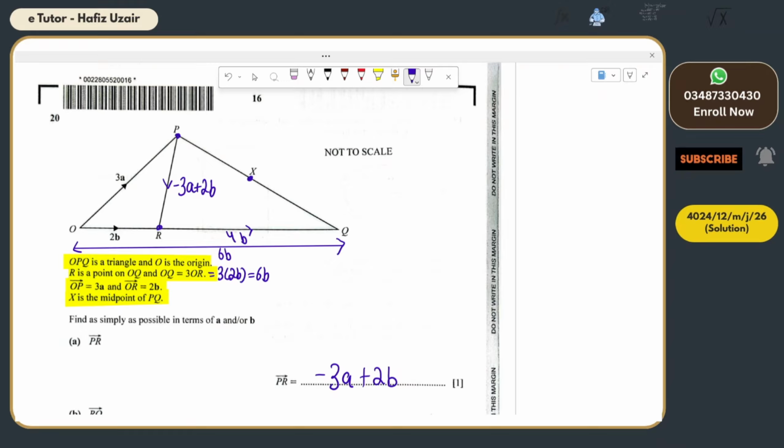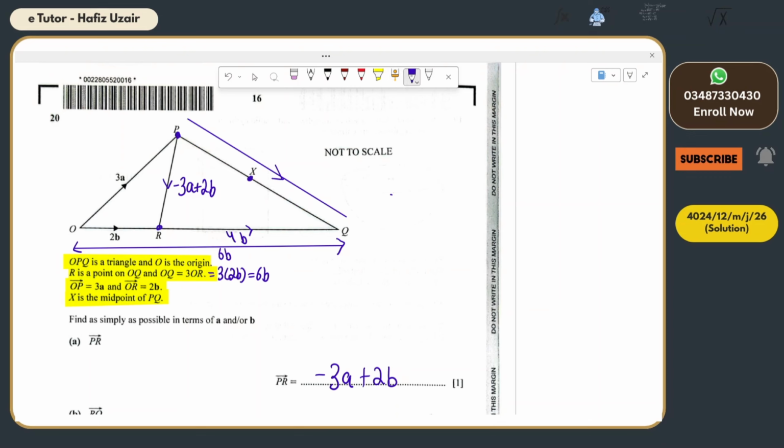Now let's find the value of PQ first. Why are we finding the value of PQ? Because if we get the value of PQ, we can easily find the value of any other thing, like PX or XQ. Now, how can we move from P to Q?